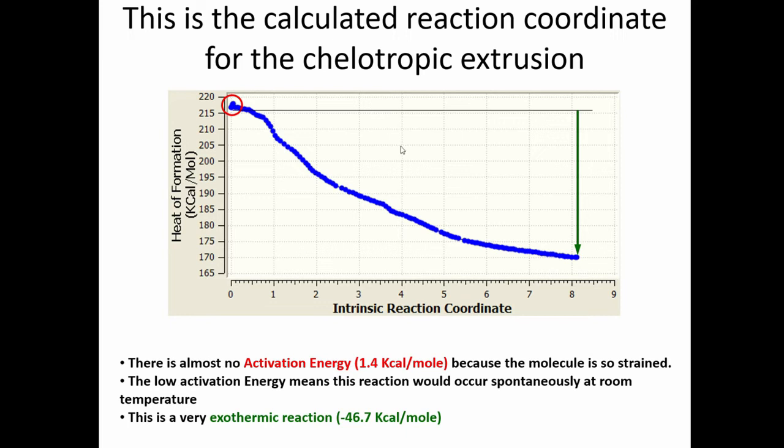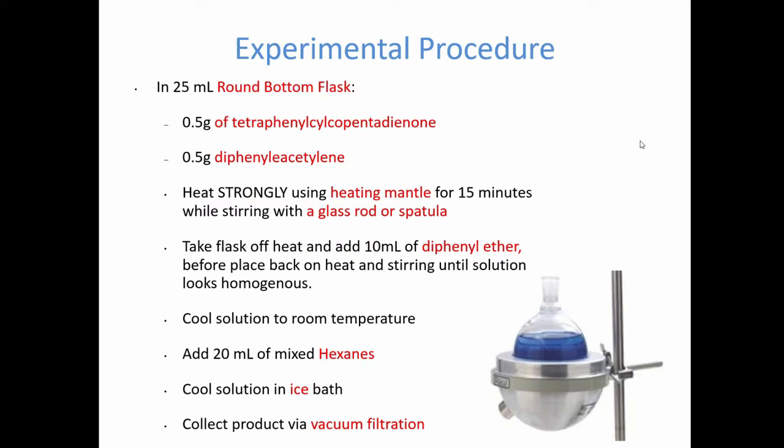Because of the high amount of strain, there's very little activation energy, about 1.4 kilocalories per mole. Because the activation energy is so low, this is how we can determine that the reaction will occur spontaneously at room temperature. Another thing to note is that this reaction is very exothermic, producing about 46.7 kilocalories per mole.